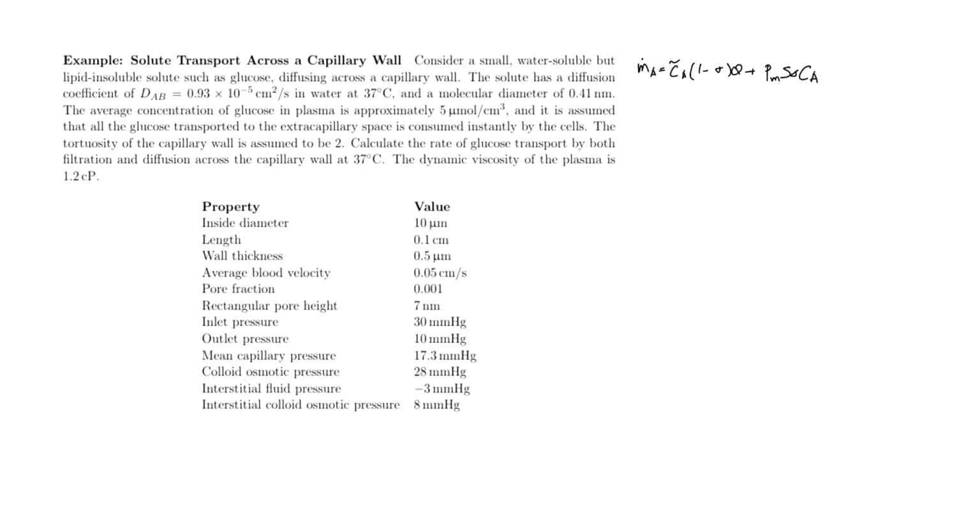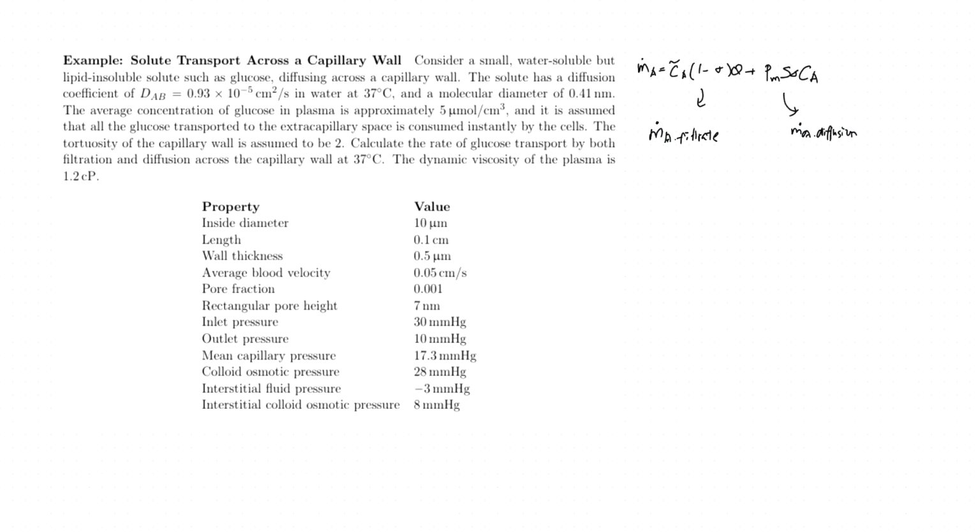The first term is the mass transfer due to filtration, so we can write it as ṁ_A filtrate. The second term is due to diffusion.